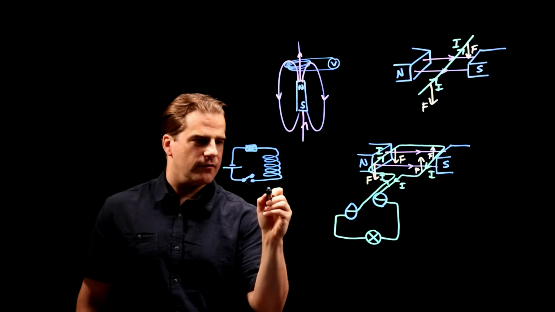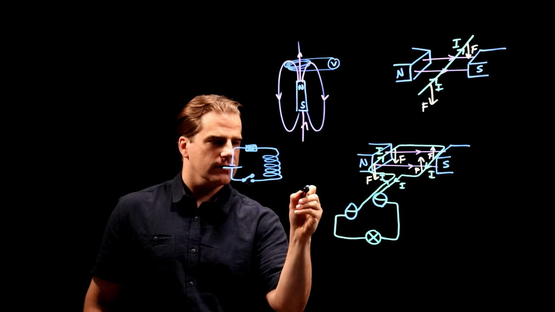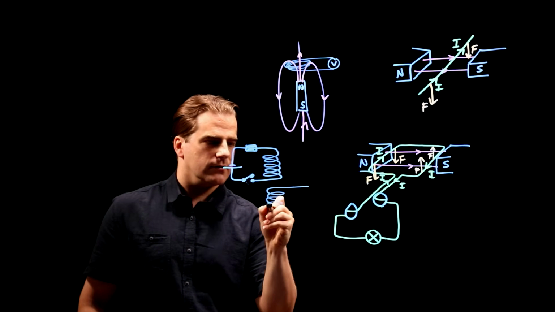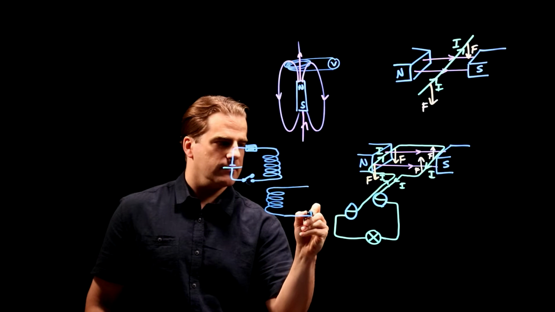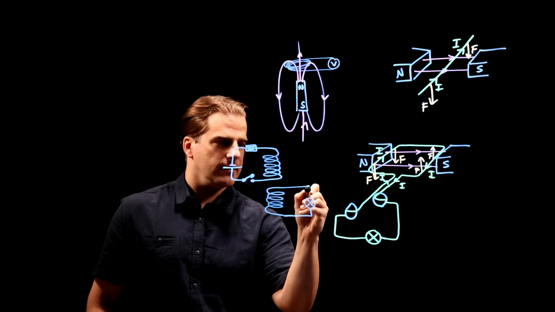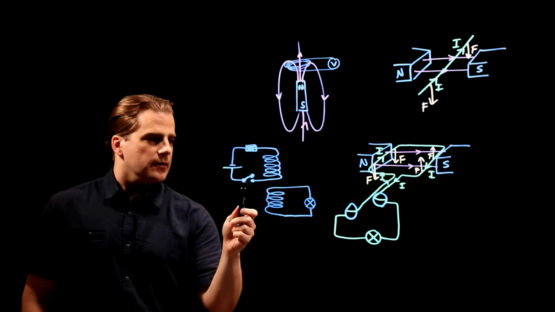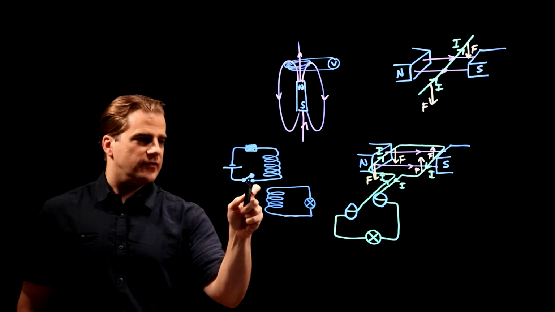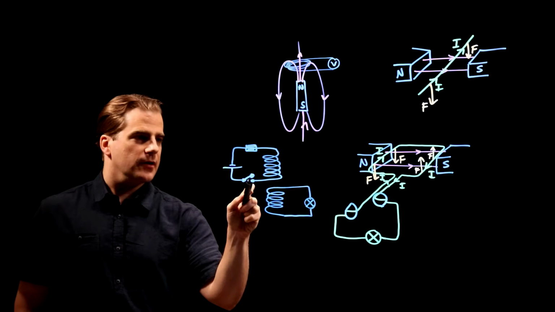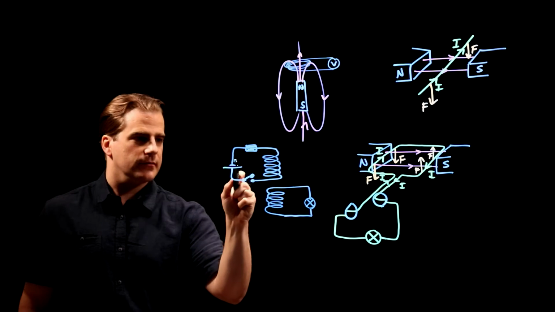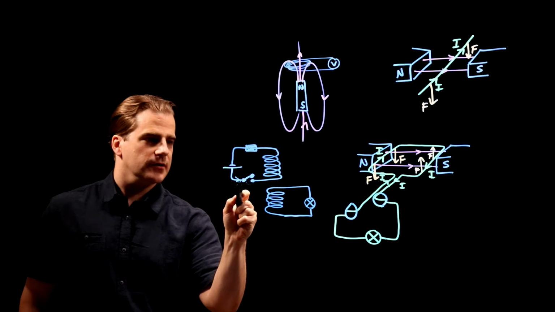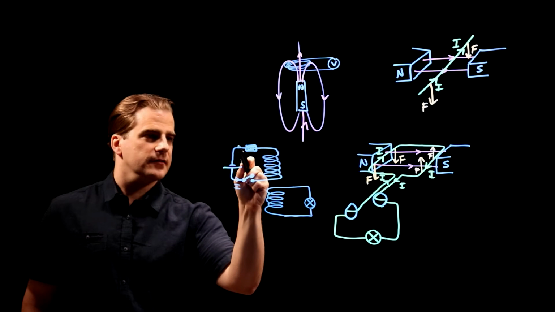And then you can have a physically unconnected circuit here with a bulb in, say. Okay. And when you close this switch, current will flow, in that direction. Current will flow in this circuit.